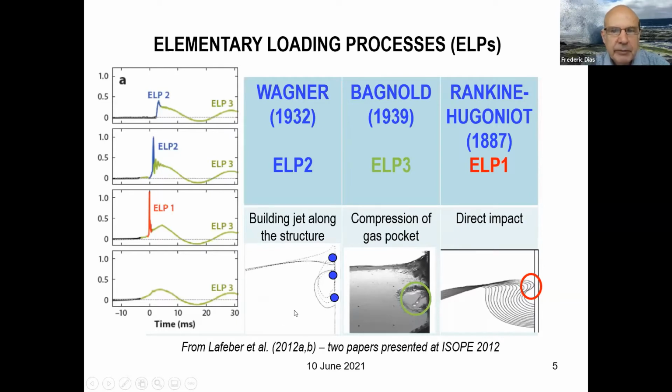You see that depending on how the impact occurs, the signal can be different, but we see all of them. The ELP1, elementary loading process number 1, which is the one corresponding to the compressible liquid, actually happens when the tip of the jet hits the wall here. That's what we call the direct impact.